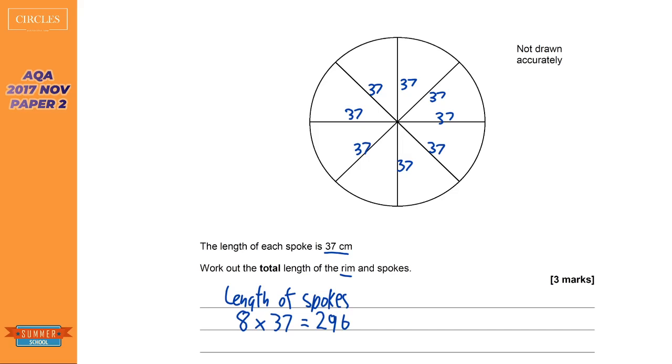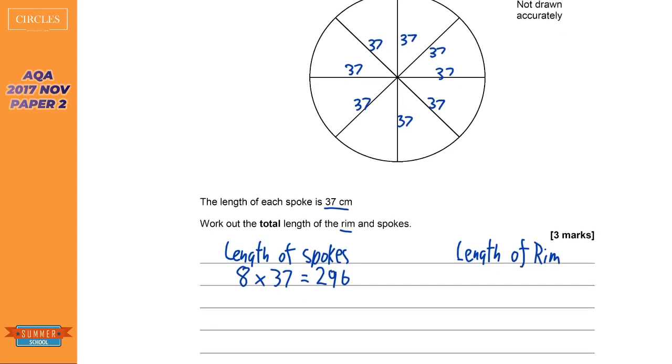So we're going to do length of rim. Again, show the examiner what we're doing. The formula for circumference, which is just the length of the rim, is pi times the diameter. We're not given the diameter, but we are given the radius, which is 37.